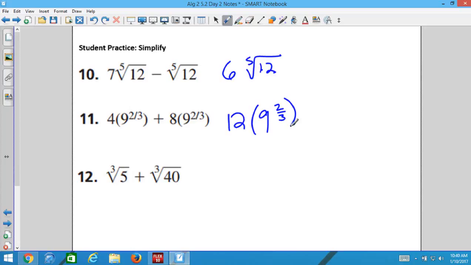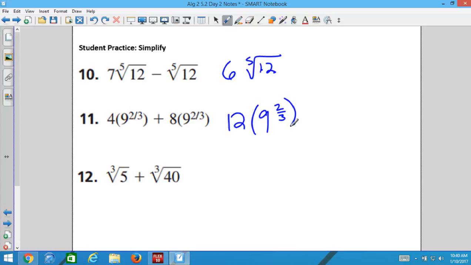So you just write 2 in front of them. Okay, and then bring down your radical. So how many cube root 5's do we have? We've got 1, and we've got 2.